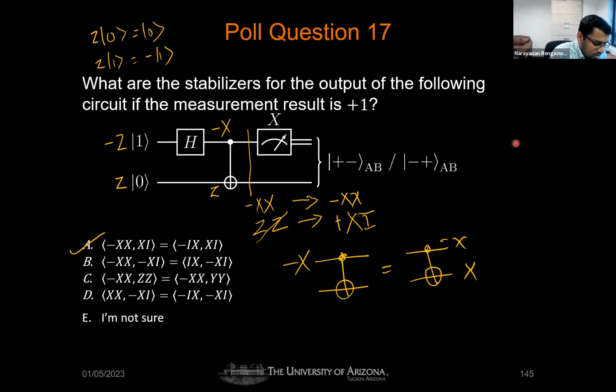That's why when minus X goes through the CNOT, it becomes minus XX at the output. Adam, hopefully that was clear. If you check the cheat sheet, you will have this rule for just plus X going through the CNOT, but when you have a minus, the extra minus just remains there.